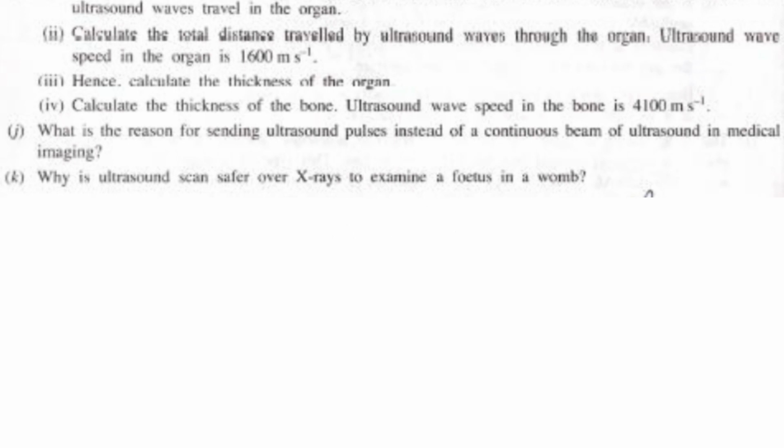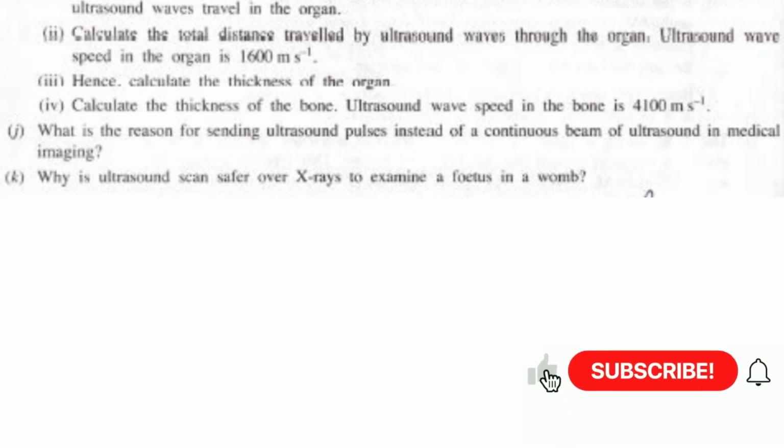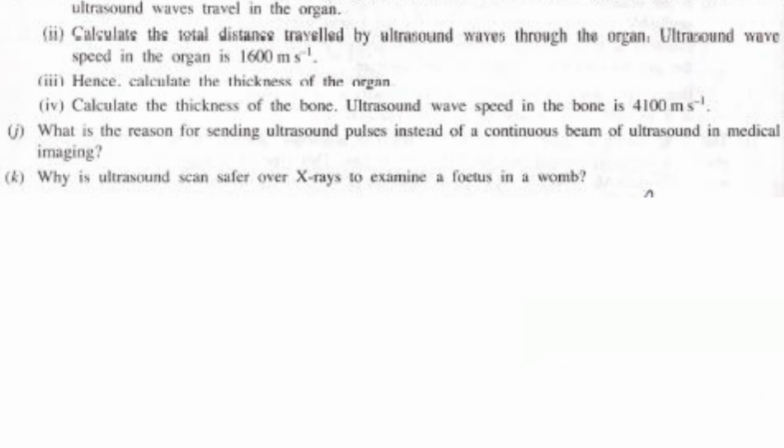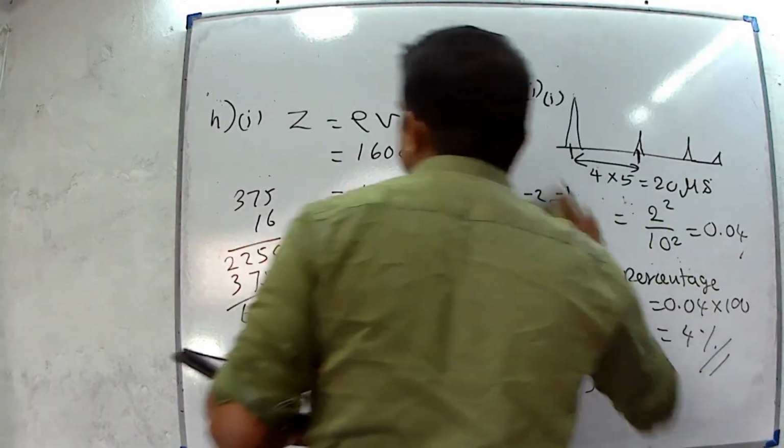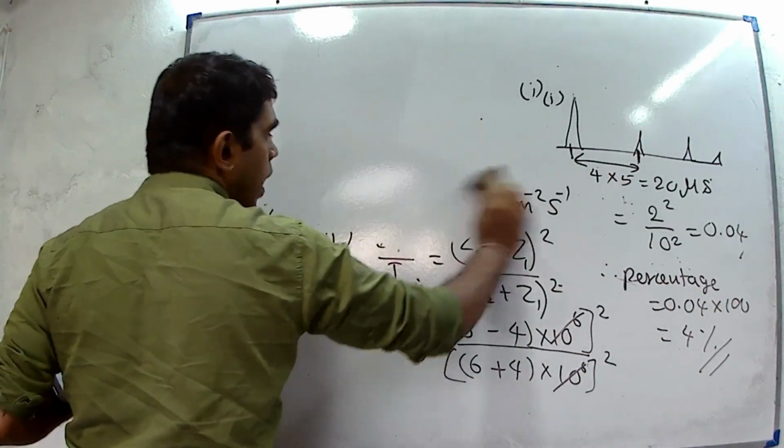20 microseconds. In part 2, calculate the total distance traveled by the ultrasound wave through the organ. The ultrasound wave speed in the organ is 1600. Now we have to use S equals UT for the ultrasound wave.